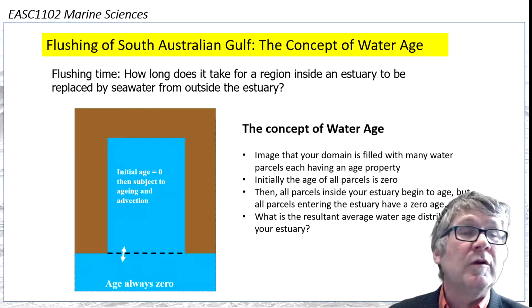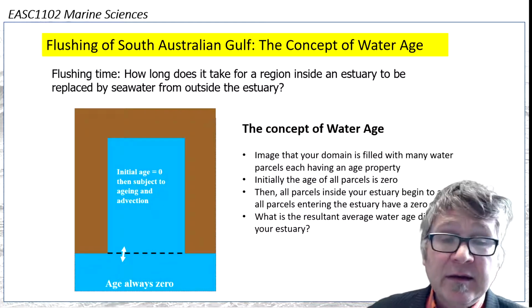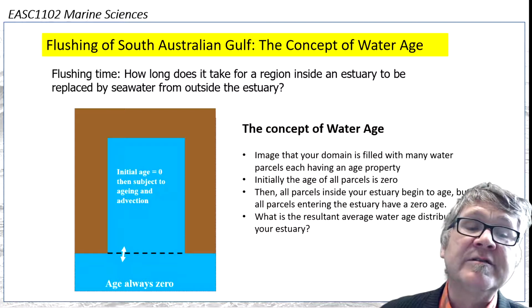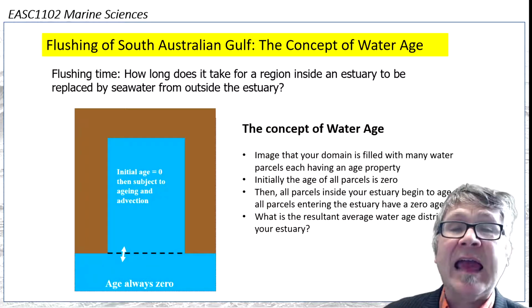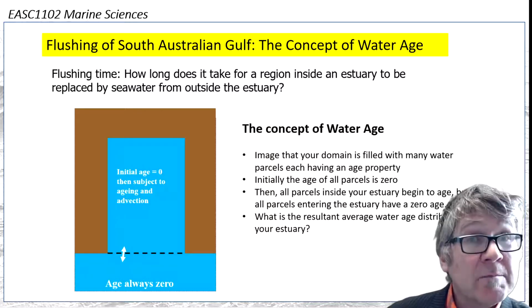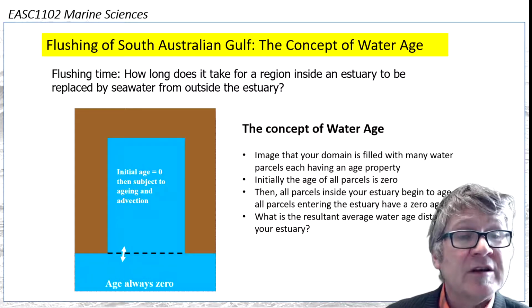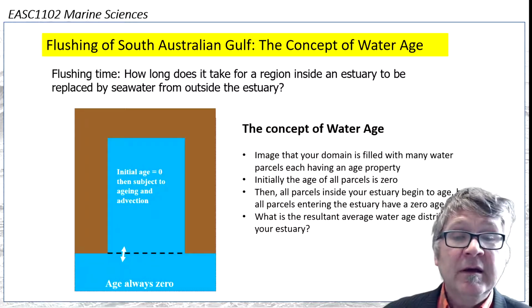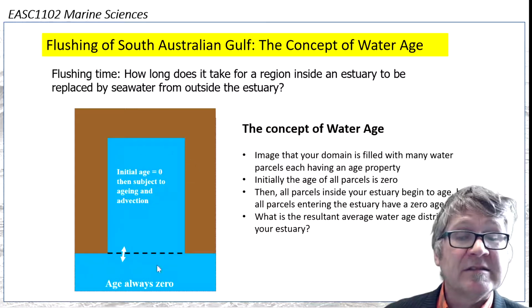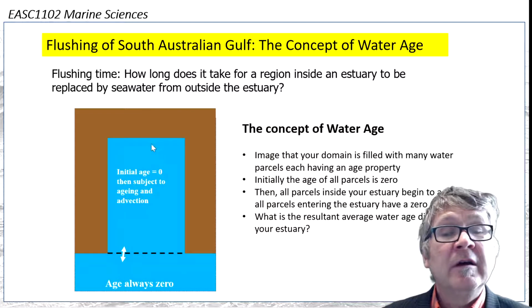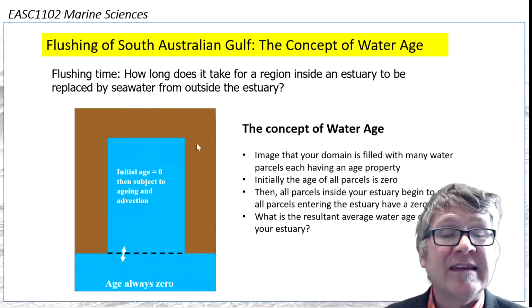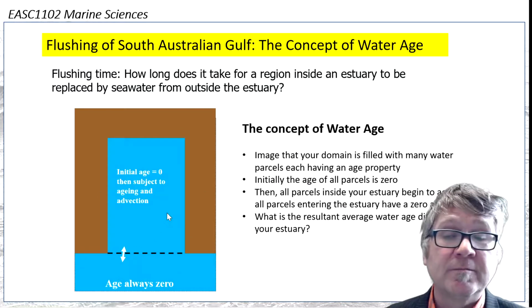So what you do in order to understand that is you imagine that your domain is filled with many water parcels, each having an age property. Imagine that you can measure the age property. So you have all water parcels, and this is a top view. Imagine that this is Spencer Gulf, and you have all your water parcels in here, and the initial age is 0.